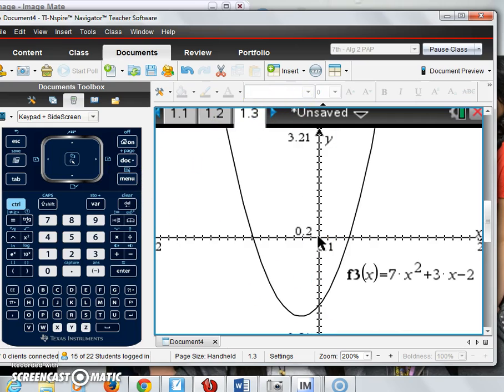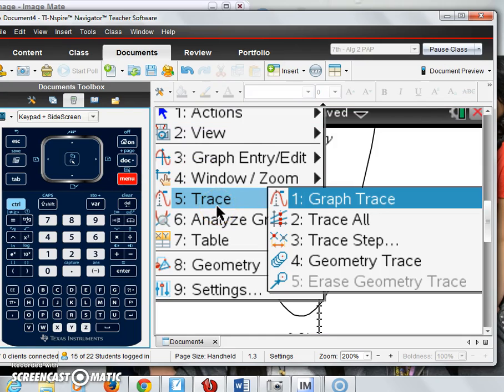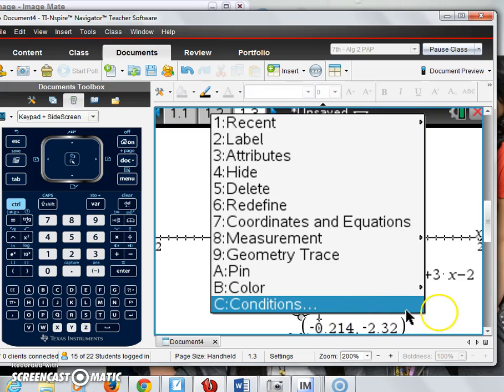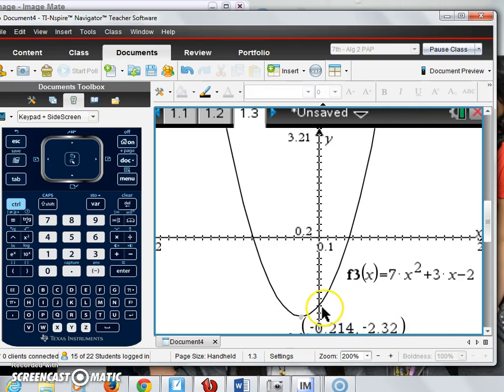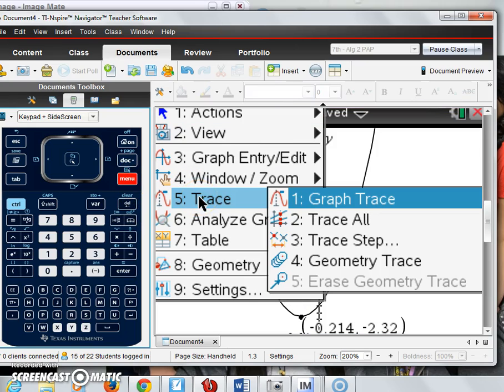Okay, number 3, I'm going to show you a different way. You're going to go to Menu, number 5, and go to Graph Trace. The graph trace allows you to move left and right until you find your minimum. If you click in the middle, it gives the point there. This is just another tip.